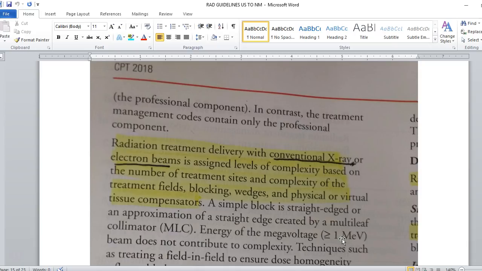Now, first thing to know is radiation treatment delivery with conventional X-rays, that's the MEVs, or electron beams, is assigned levels of complexity based on the number of treatment sites and the complexity of the treatment fields, blocks, wedging, and physical or virtual tissue compensator. So again, we're going to see simple, we're going to see intermediate, we're going to see complex.